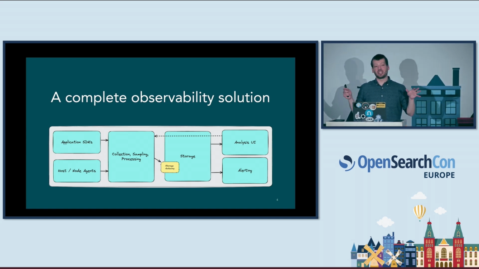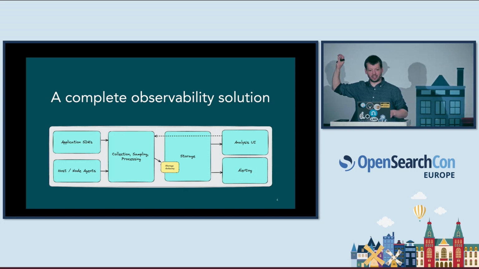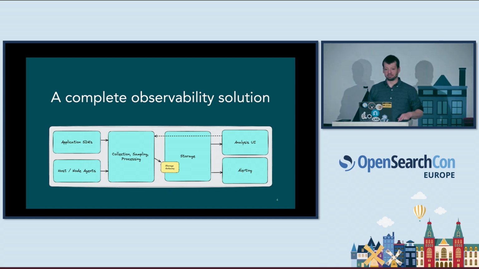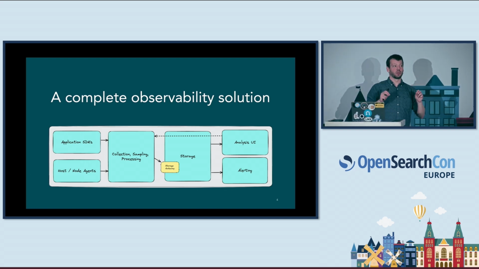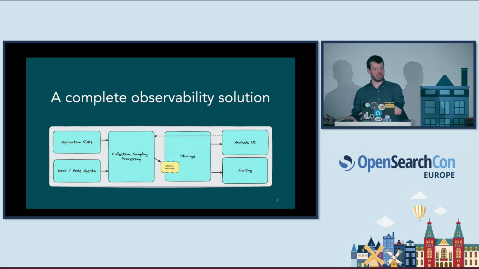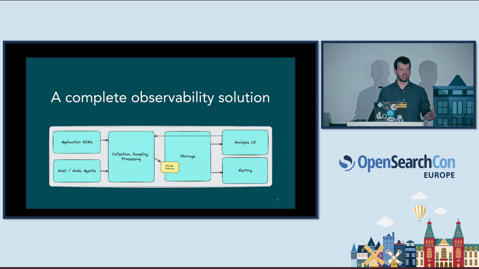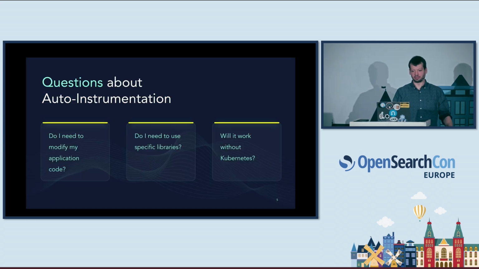But today, specifically, we're talking about auto-instrumentation, which mostly on this graph lives within that little application SDKs box all the way over there on the right. So that's where we get the actual information about the runtimes, the information that is maybe relevant to the developers maintaining the application about how their application is running. We want that context as well as any context that we might need from the infrastructure and so on.